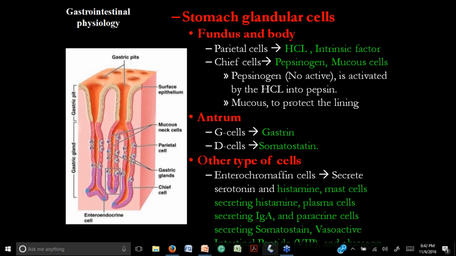It is going to inhibit the secretion of pepsinogen, decrease the secretion of hydrochloric acid, and decrease the secretion of intrinsic factor. All right, other types of cells that are really important are the enterochromaffin cells.